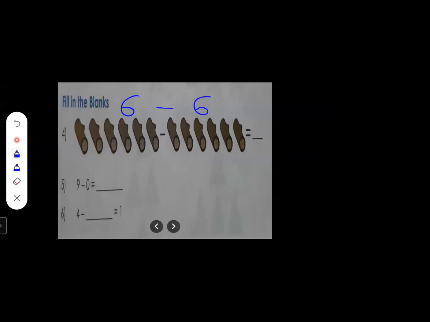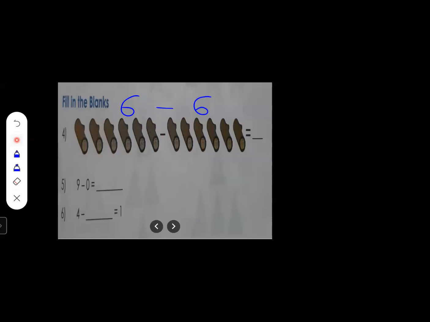So 6 minus 6. What will be the answer, students? Take 6 fingers on your hand fast. Now from those 6 fingers, close 6 fingers. Minus 6 fingers means close 6 fingers.